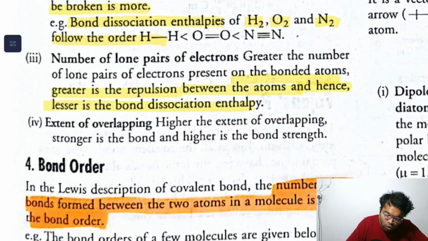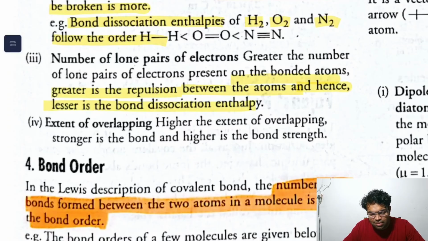Two atoms, if they want to form a bond together, have to be close enough. But if there is repulsion happening between the electrons, then what happens? Due to this repulsion, the distance between the two increases. Therefore, as the distance increases, what happens?